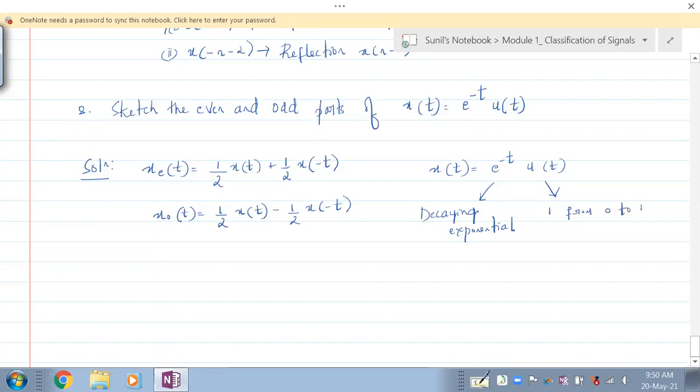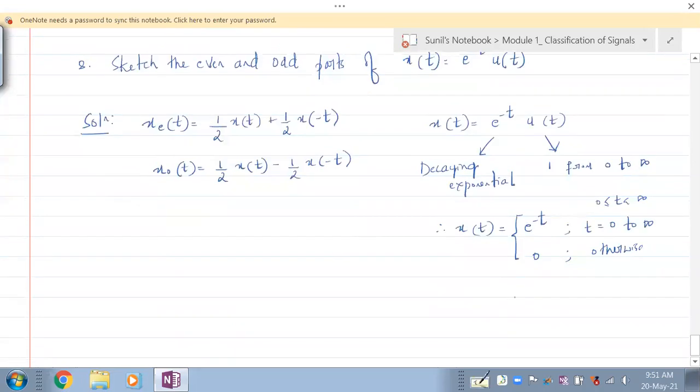So x of t is e power minus t for t ranging from 0 to infinity, or we can write it as t greater than or equal to 0 and less than infinity, and 0 otherwise. This is how one needs to understand the signal.